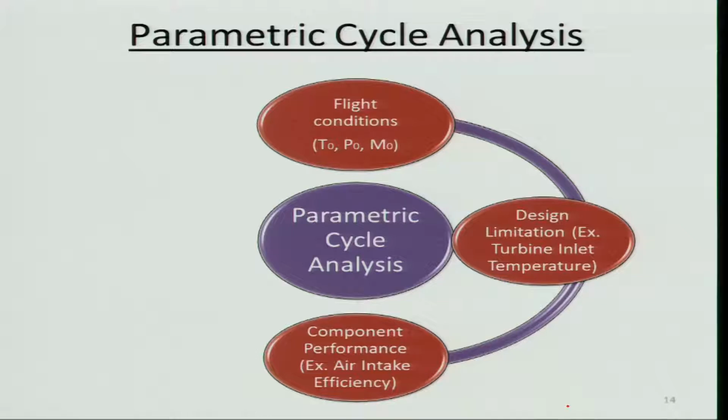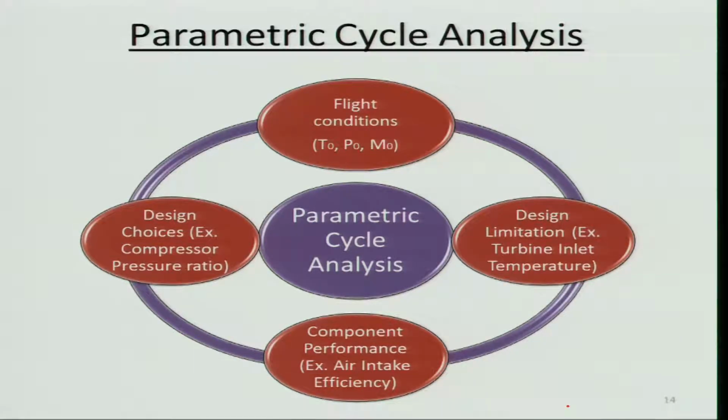We will be trying all the time to improve the efficiency of these components, so that the overall efficiency of the engine increases. But how to do that, and what the effect is, we will look at. And the very important one is the design choices like compressor pressure ratio or turbine expansion ratio and other parameters. What I am saying is that we are looking at the same thermodynamic cycle analysis from a different perspective: how to design.